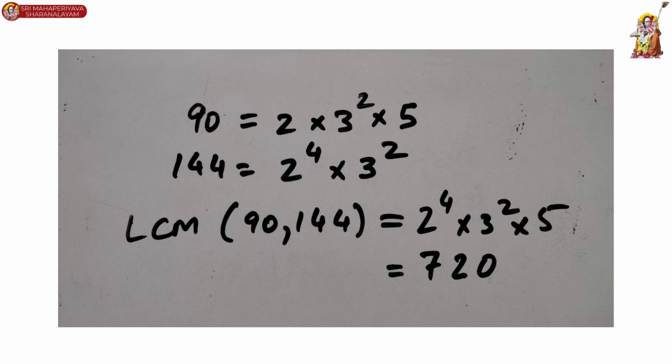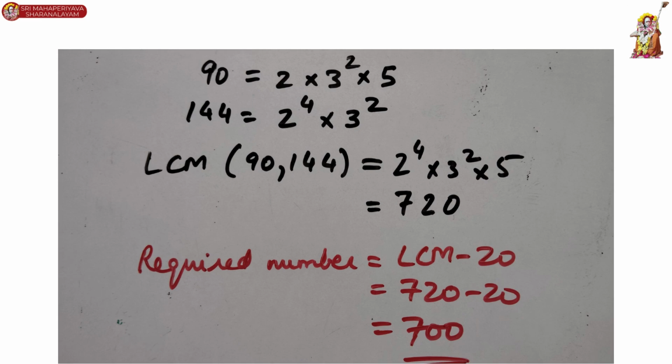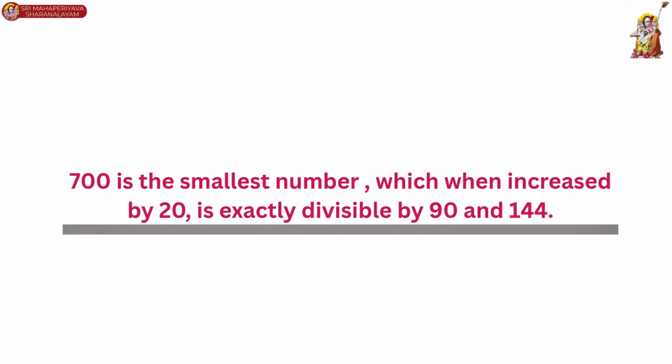So the required number is LCM minus 20, which is 720 minus 20, that gives us 700. So 700 is the smallest number which when increased by 20 is exactly divisible by 90 and 144.